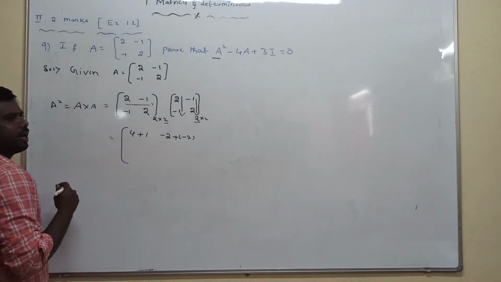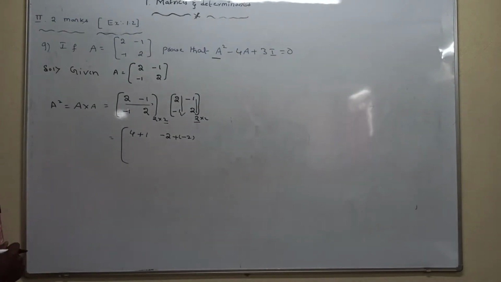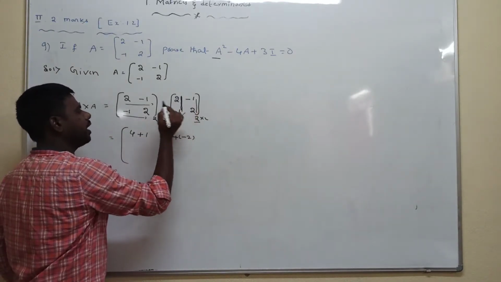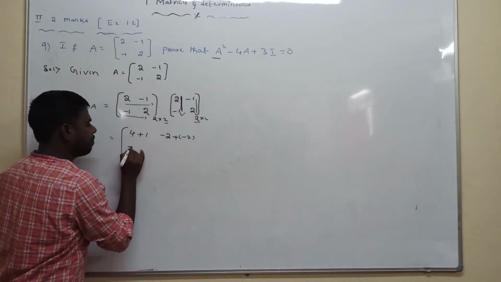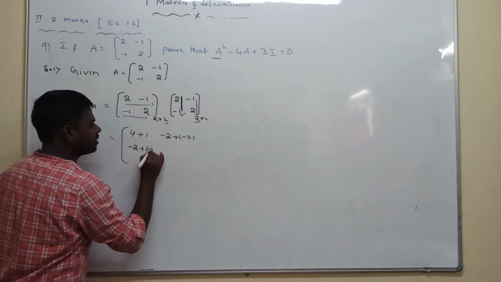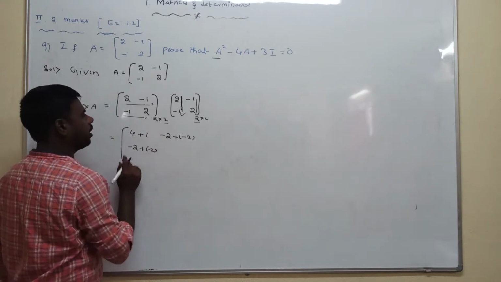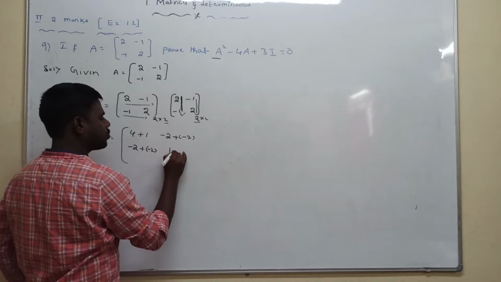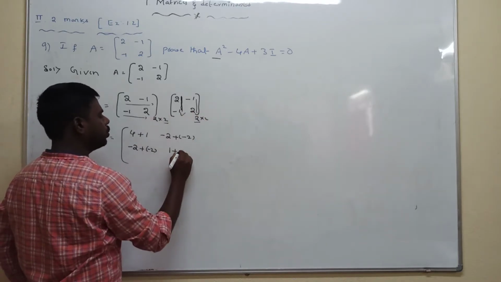So first row, first column and first row, second column are over. Next, the second row, first column: minus 1 into 2 is minus 2, plus 2 into minus 1, that value is minus 2. Next, the second row, second column: minus 1 into minus 1 is plus 1, plus 2 into 2 is 4.